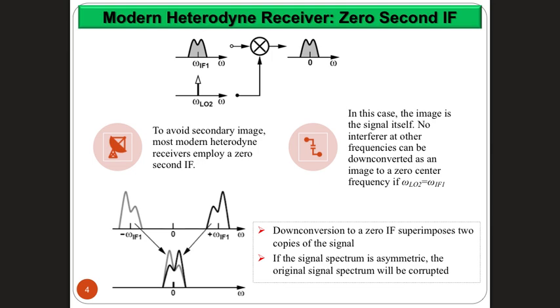Remember from your signals and systems course, right? When will you have this situation where you have a signal which is not symmetric around its center frequency, or in the baseband, the signal does not look symmetric, so even if you bring it down to zero frequency, the signal looks like this, right? Okay, so it's not really symmetric.